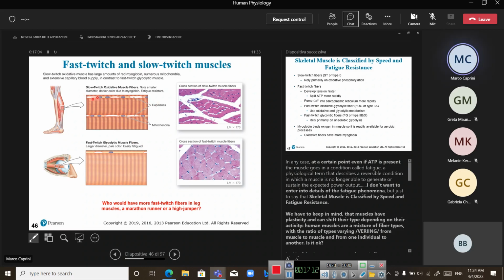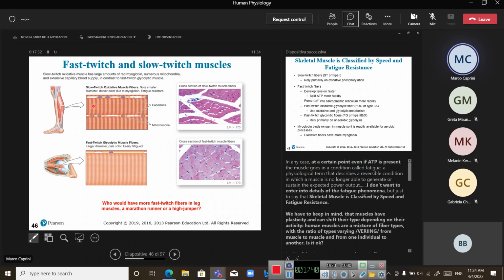This one is a slow twitch oxidative muscle fiber. So, slow twitch is a muscle that is resistant to fatigue and dependent on the oxidative metabolism.